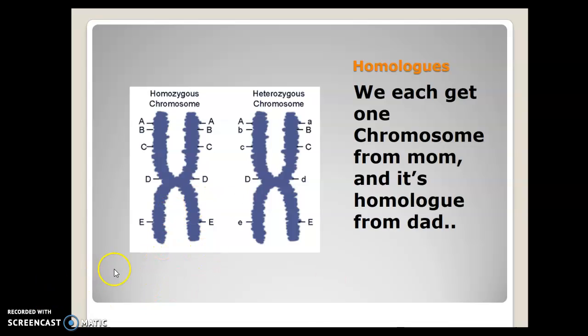Homolog: when the sperm from your dad and the egg from your mom come together, the chromosomes that match up, that either work together or cancel one another out depending on whether they're dominant or recessive, are called homologs, homologous pairs. So we get one chromosome from mom and one from dad, and those two come together to form the diploid number.